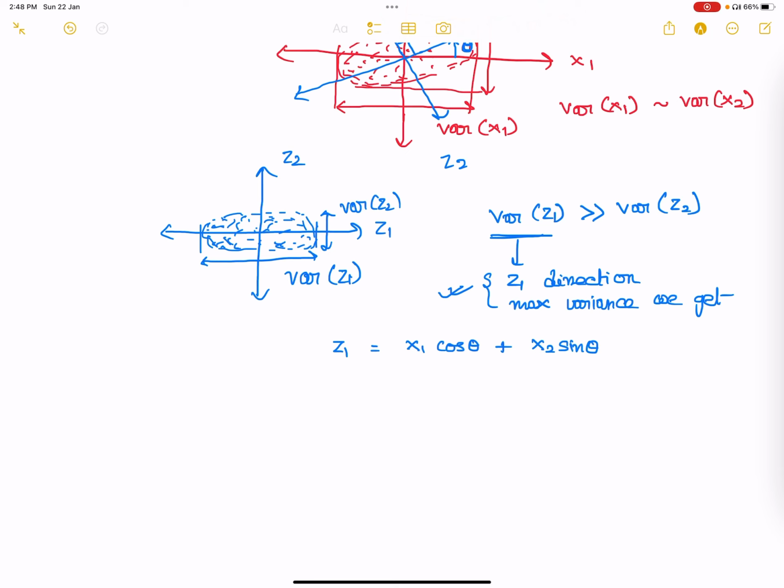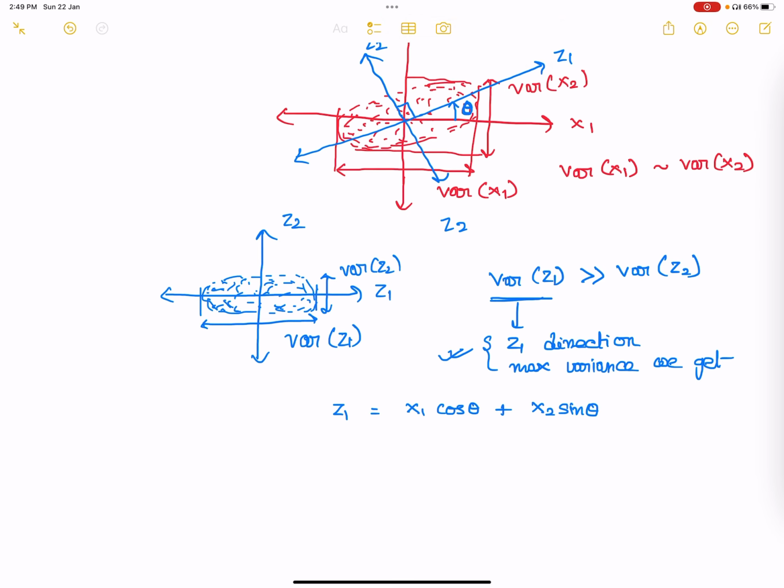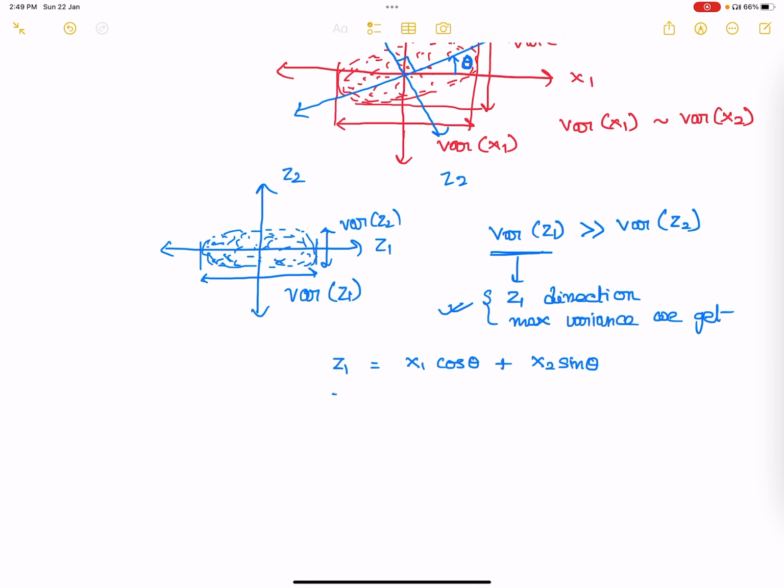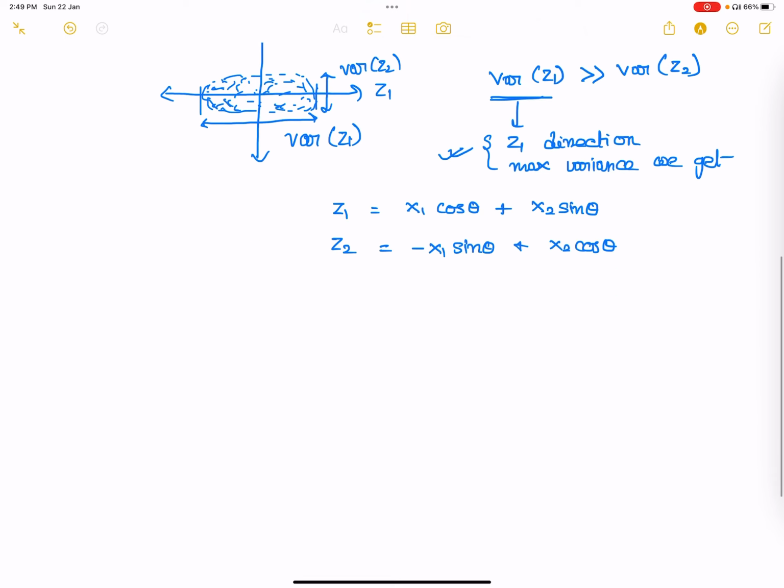If you see this figure, you can understand what I am writing. Similarly, z2 equals minus x1 sine theta plus x2 cos theta. In matrix form, we can write it like this: z1, z2 equals the matrix cos theta, sine theta, minus sine theta, cos theta, times x1 and x2.